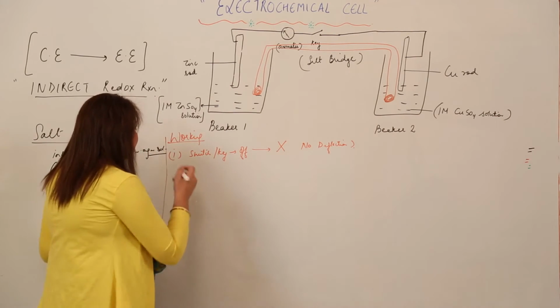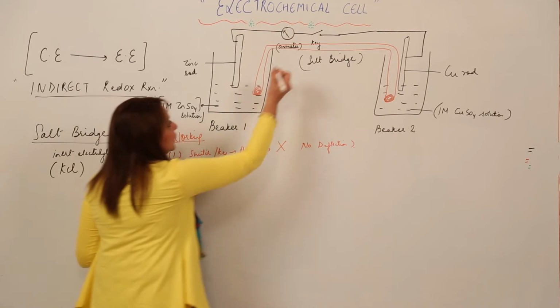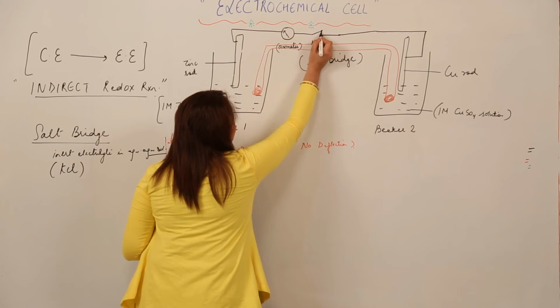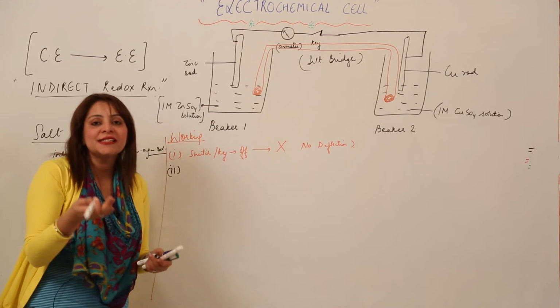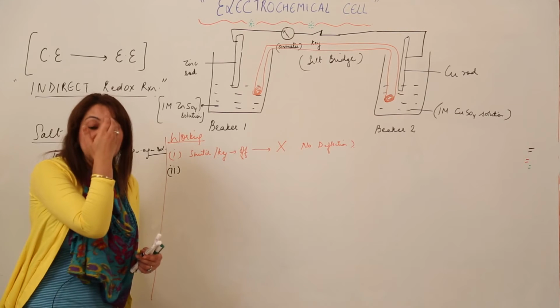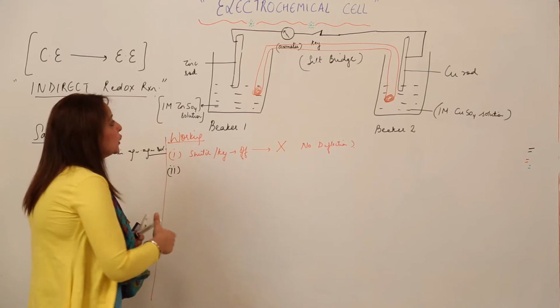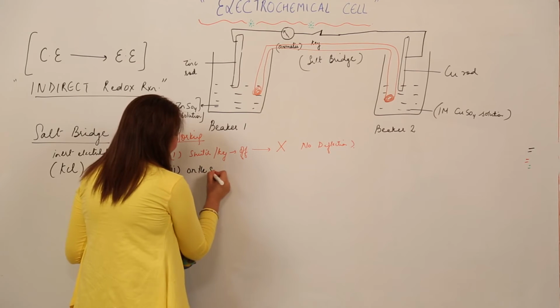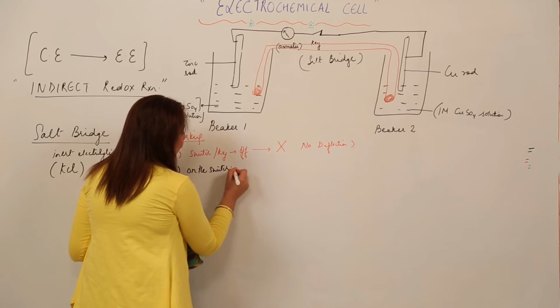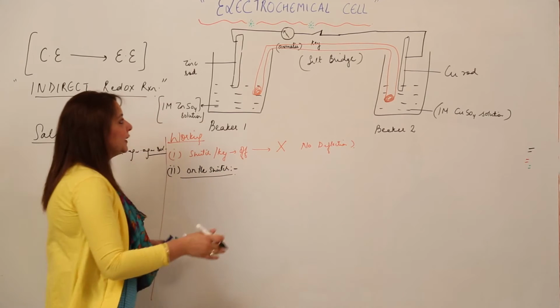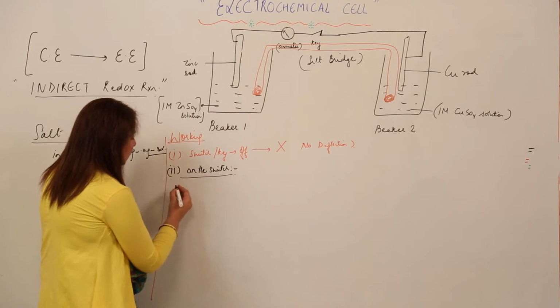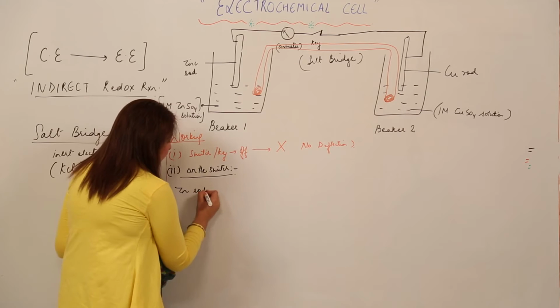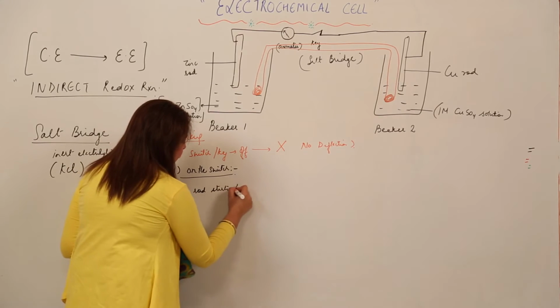Then we turn on this switch now. Look, I've turned on this key, you can use the word key or switch. So what happened, we turned on the switch, then we see that this zinc rod starts losing weight.